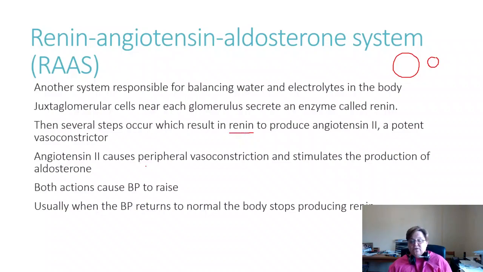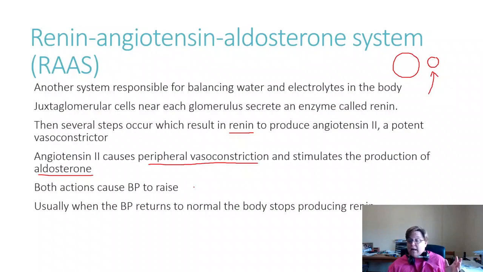Angiotensin II also causes peripheral vasoconstriction, and it will stimulate the production of aldosterone. Both actions, when we have a constricted blood vessel and the production of aldosterone, cause the blood pressure to rise. So our body has multiple built-in mechanisms to keep our blood pressure at a certain rate.